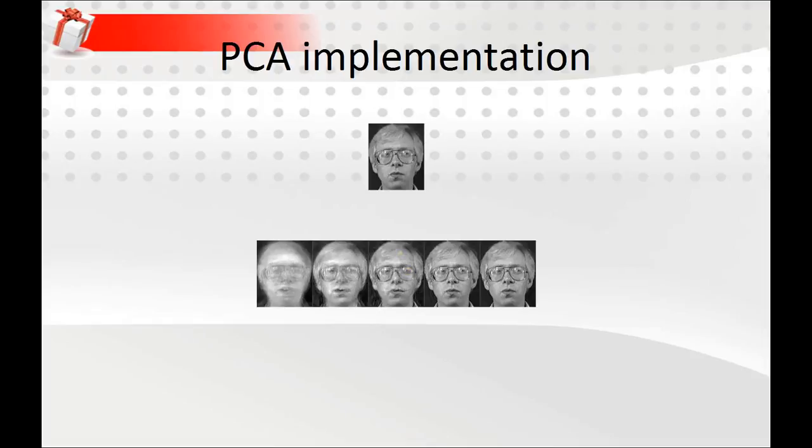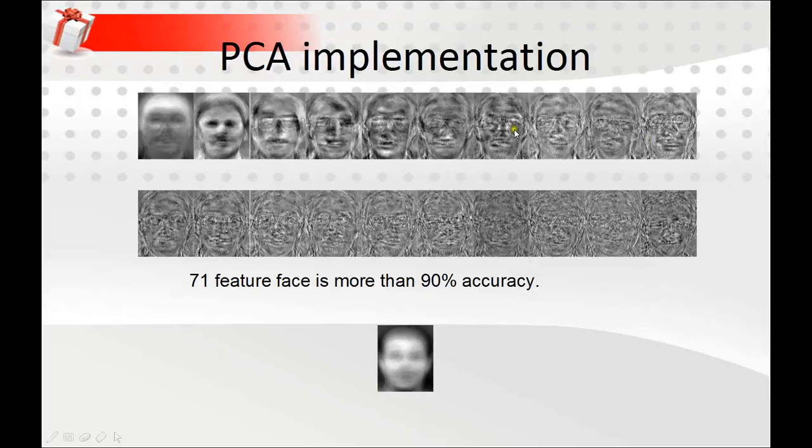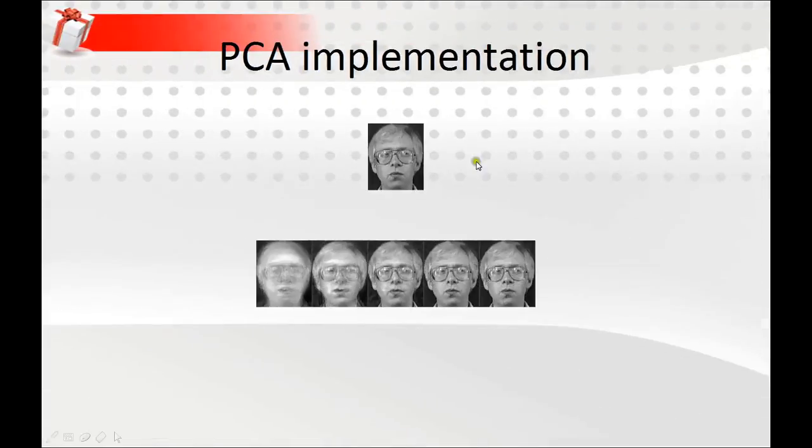Now we implement. We use those features to reconstruct our data. This is the original face, which we need to test whether it is in the database and who it is.